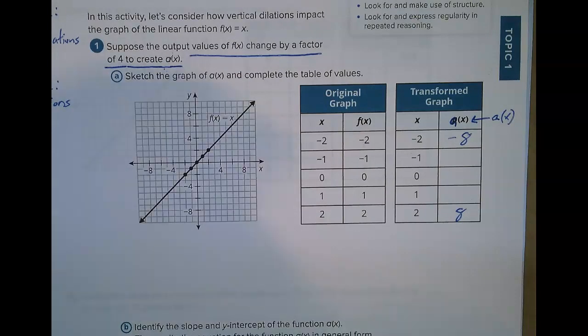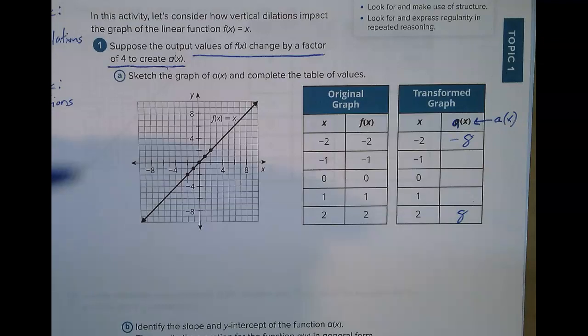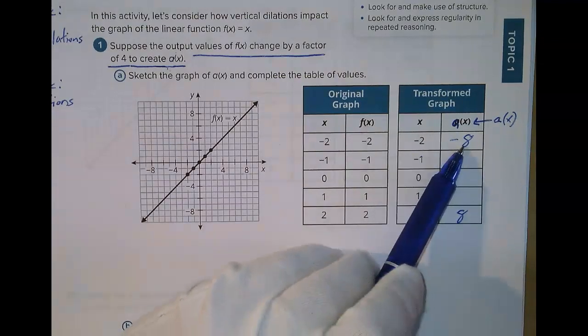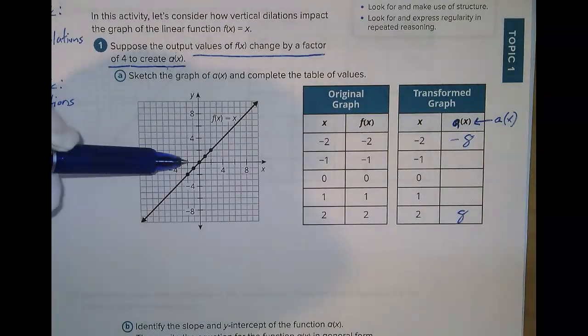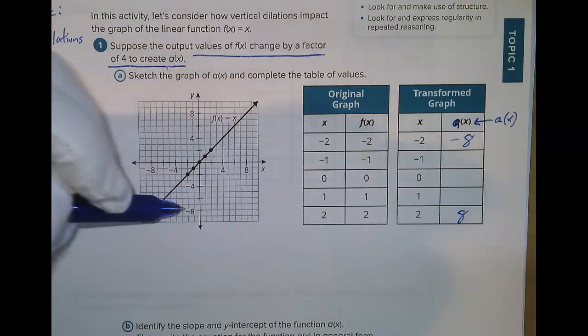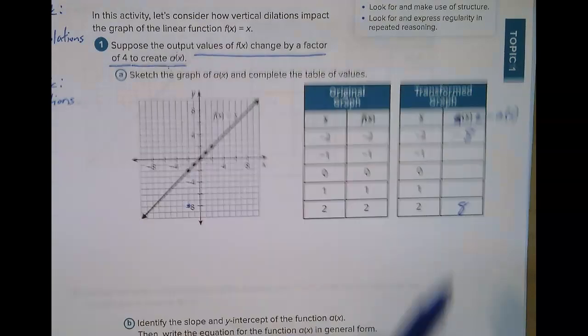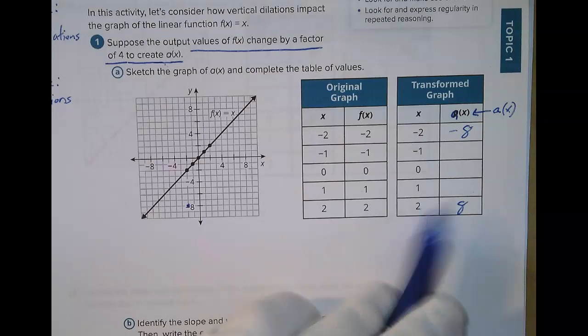So for each of these points that you make, you're going to plot that point on the graph. This is point -2, -8. So I'm going to go to -2 on the x-axis, and then I'm going to go down to -8 and put a point. I'm going to go to 2 on the x-axis, and I'm going to go up to 8.